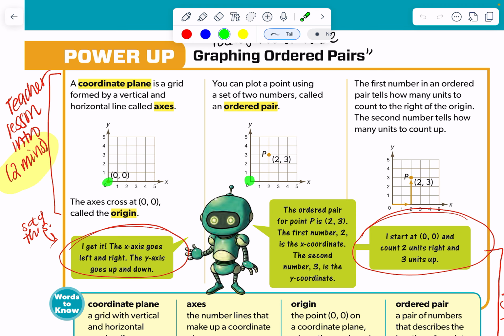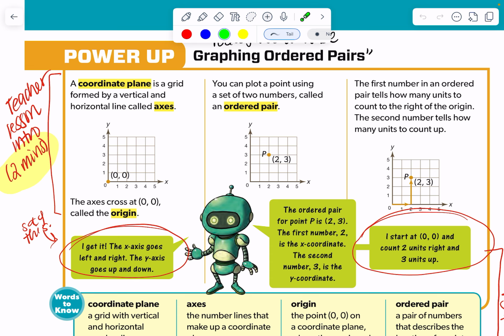So if students wanted to plot 2, 3, they would need to know that the x-axis goes from left to right, and then the y-axis goes up and down, right? So the x-axis is always aligned with our first number, which is our x-coordinate, and then our y-axis is always aligned with our second number, which is our y-coordinate.